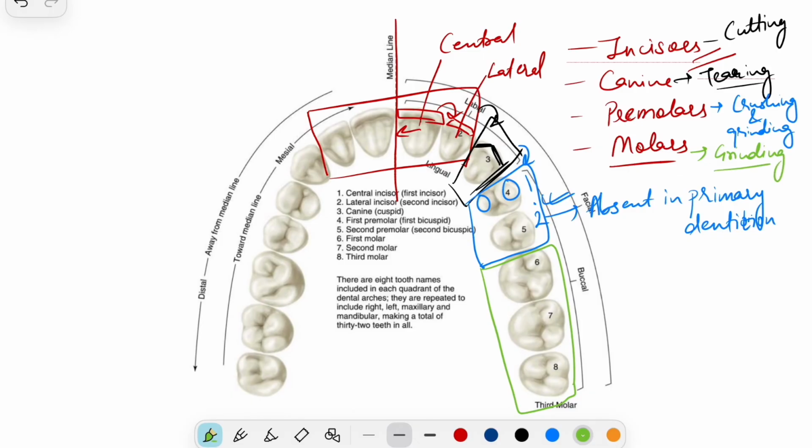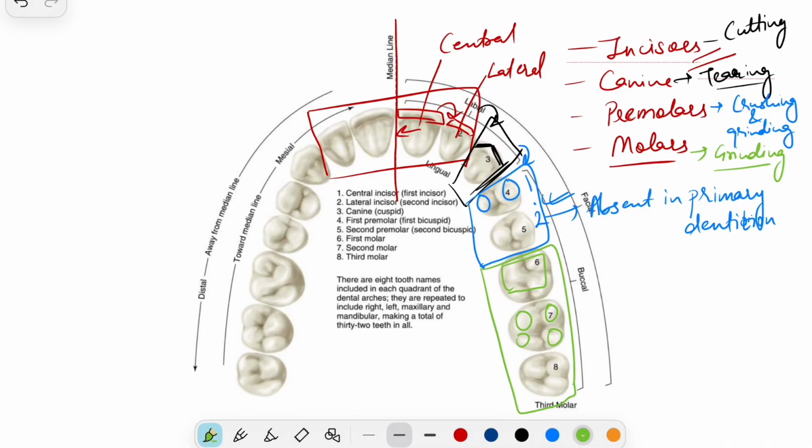Their features are, they have a broad occlusal table, they have multiple cusps as you can see here, and they have strong roots. Okay, and molars handle heavy chewing forces. That was a little bit about the molars. We'll study each type of tooth in detail later in our videos.